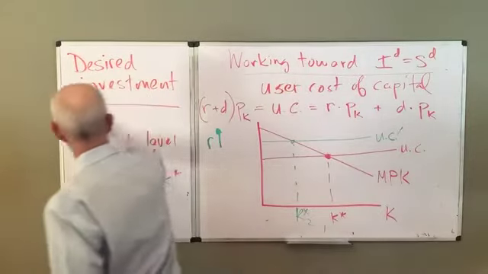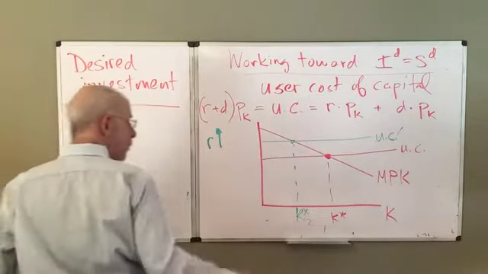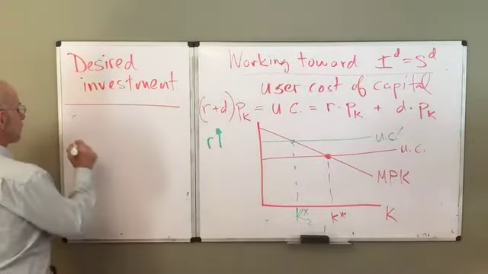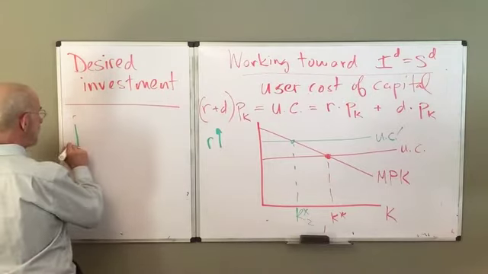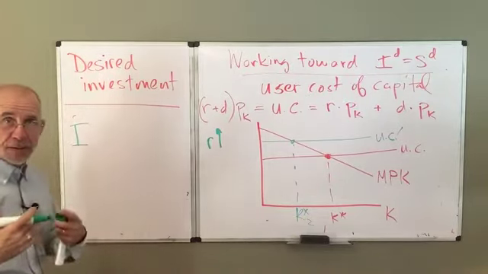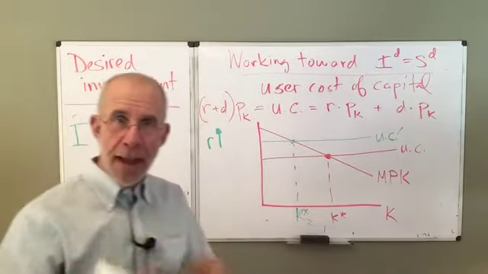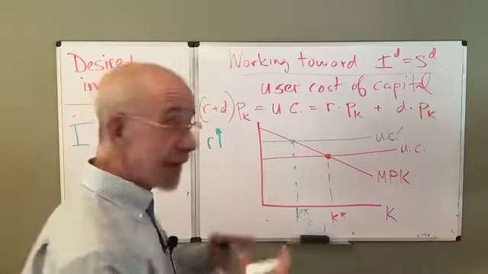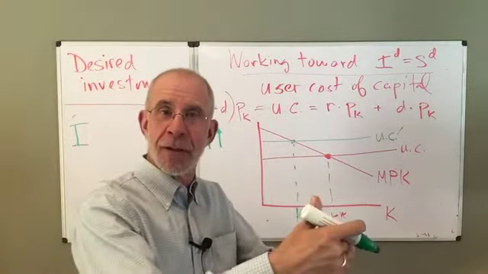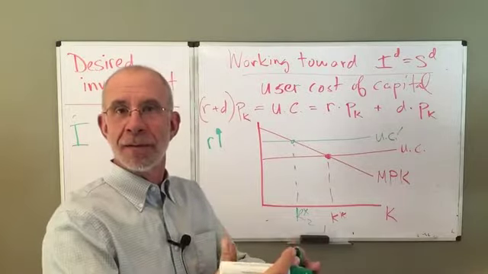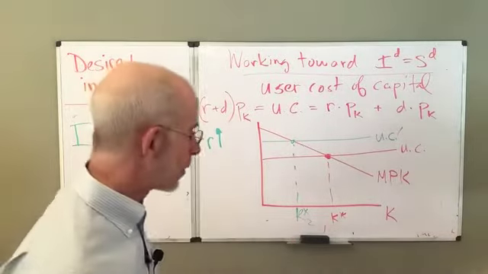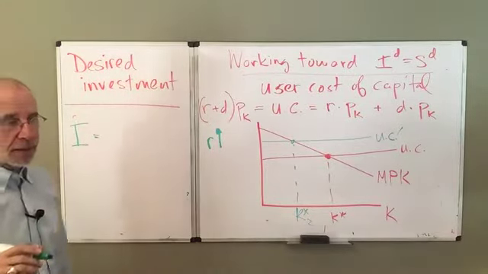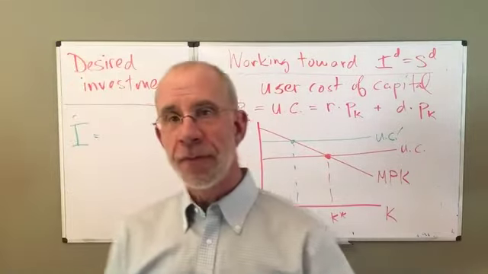And let me do this over here. So it's going to be a slightly different depiction than one we've seen before. So the investment, okay, the investment is the change in the capital stock. The capital stock is a level. Investment is the change in the level of the capital stock from one period to the next. So let's think about the desired level of investment.